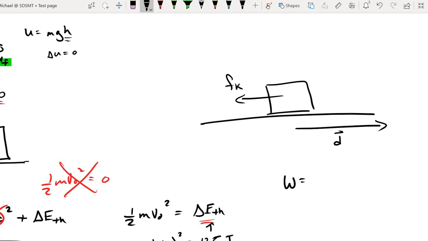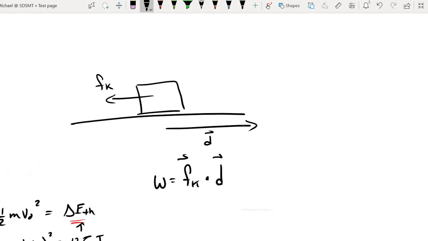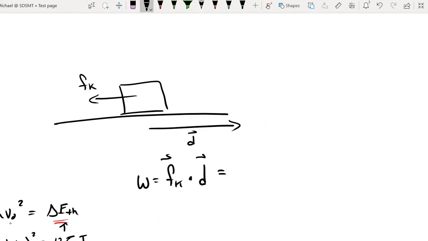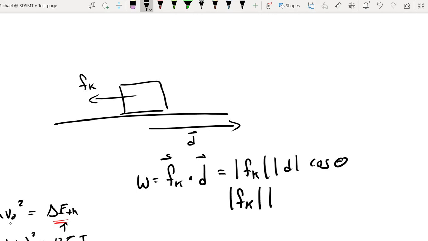And back in chapter 7, if we were to apply this to our work expression, remember we had multiple ways of evaluating work done, but the easiest way was to use the magnitude and angle approach. Our friction force, for right now, we'll assume that we know what the magnitude is.